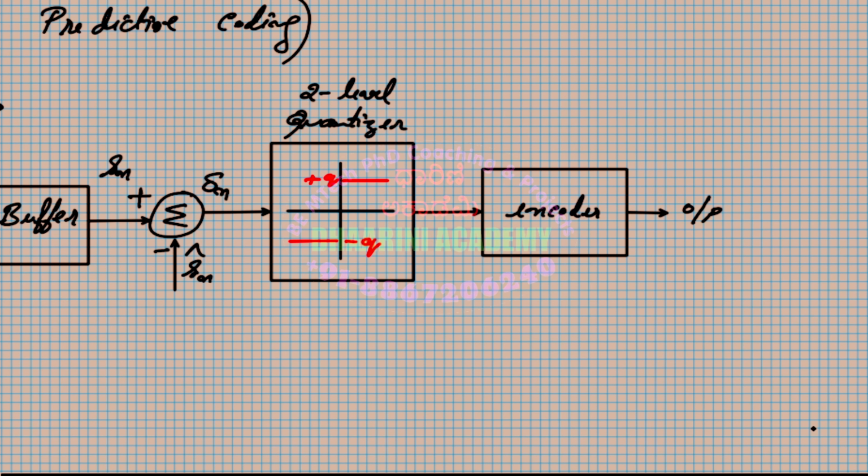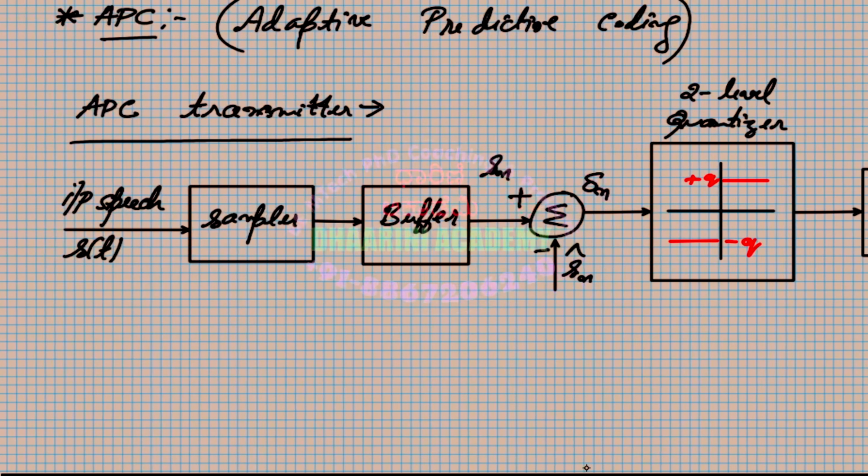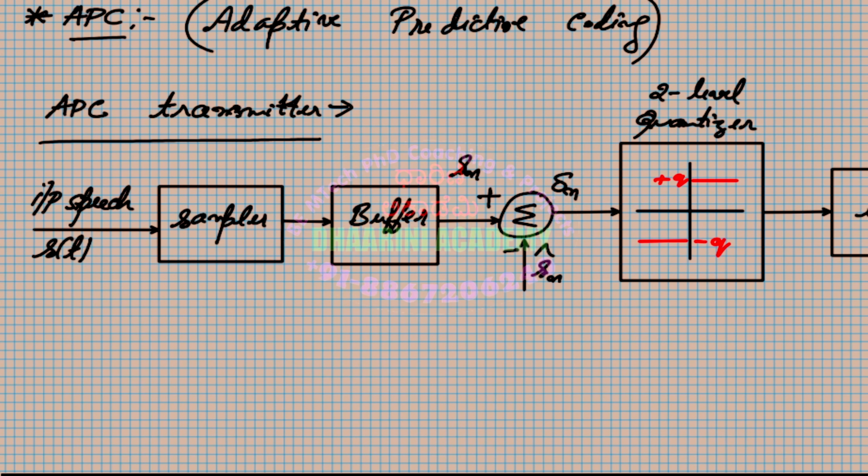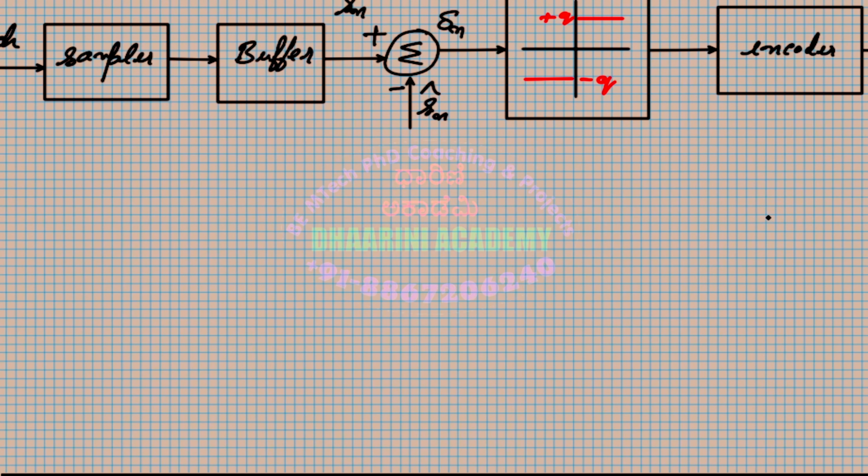Now we need the predictor part. For prediction, let's assume that I have a predictor's output coming here. From the encoder, I'm taking one part of the signal and giving it to a decoder part, because built in there will be a decoder as well.